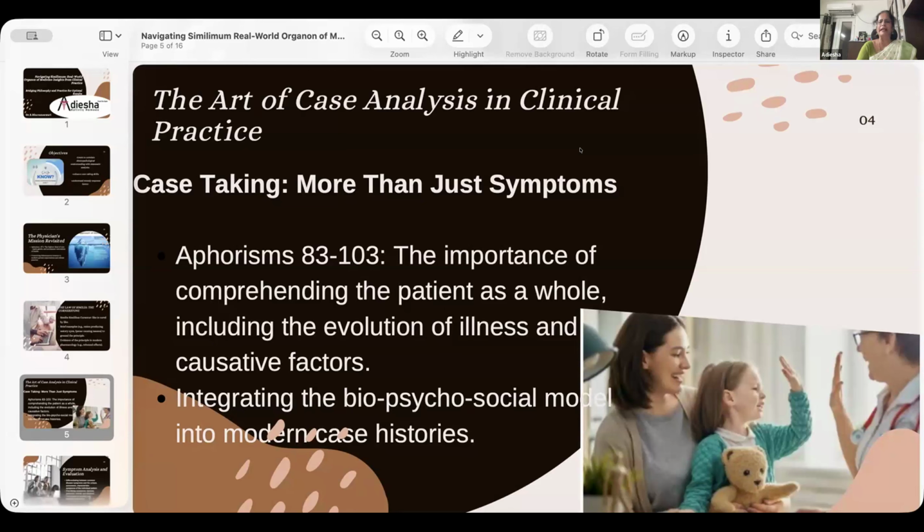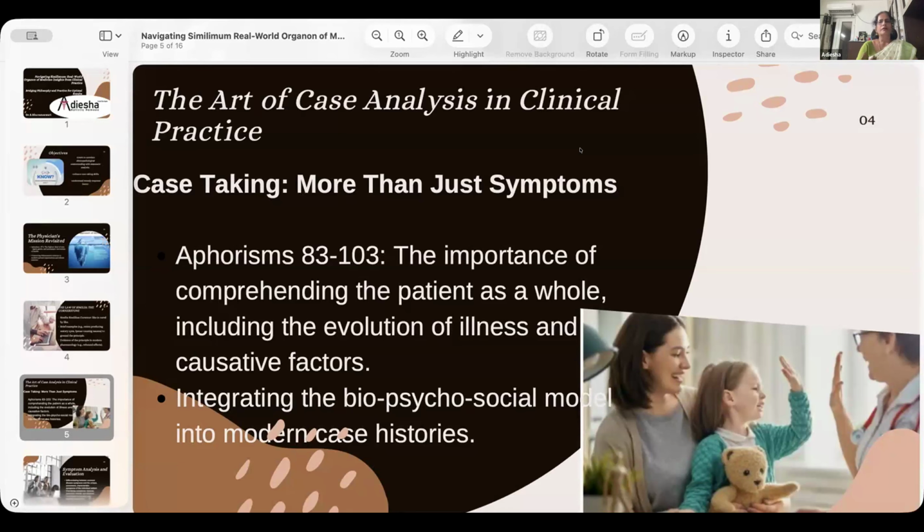From aphorism 83 to 103, Hahnemann enlightened the importance of comprehending the patient as a whole, including the evaluation of illness as well as causative factors, integrating the bio-psycho-social model and symptoms expressed outside the patient through modern case histories.